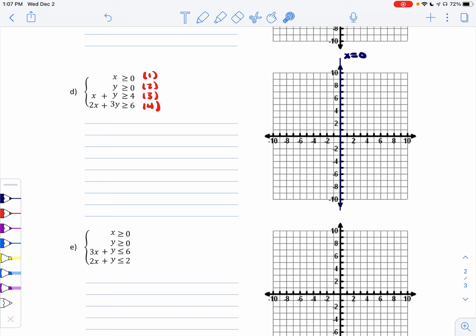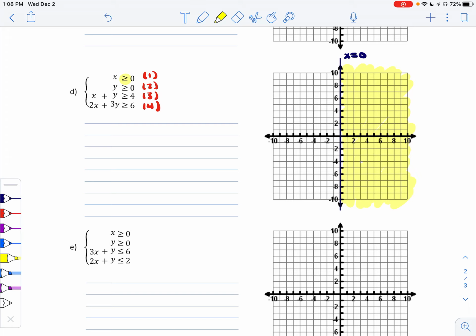And greater than in terms of x's would mean everything that falls to the right of that line. Since x is our horizontal variable, you're thinking left or right. Less than would be to the left, greater than is to the right. So I'm going to shade everything that falls to the right of that line. So that's my first region.